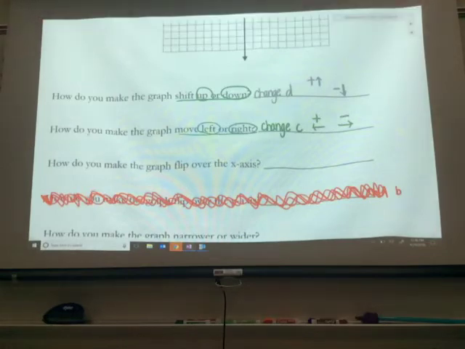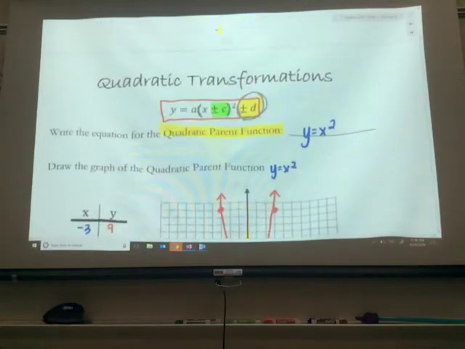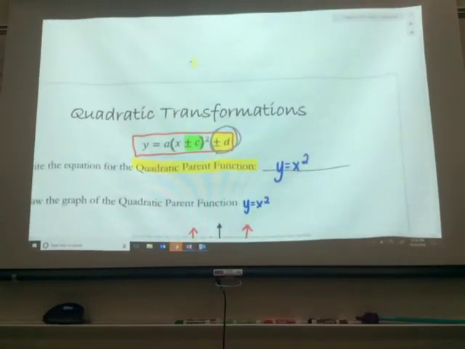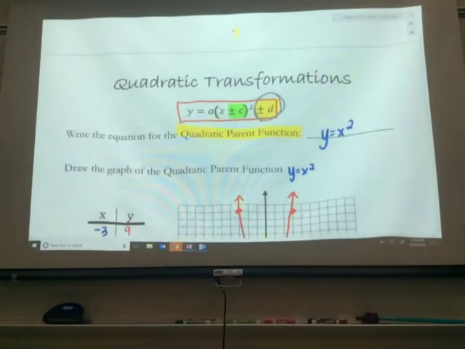And here's your key word for the next one, flip. This comes from your quadratic dominoes yet again. Flip is another way to say the word reflection. And it's just like on a linear equation, the way we make something become a positive slope or negative slope is by looking at that number in front of our x.